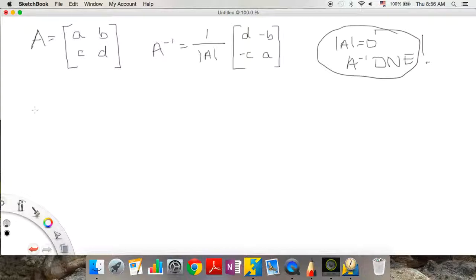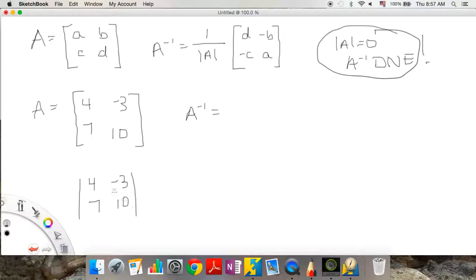If we have A is this matrix here, 4, 7, -3, 10. Then the inverse, well, we need 1 over the determinant. So the determinant, remember for a 2x2, you just multiply the diagonals. So we have 40 minus -21, which is 61.